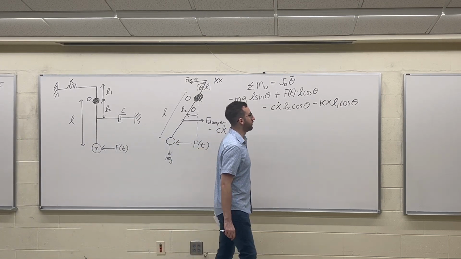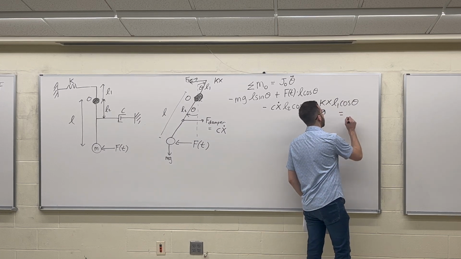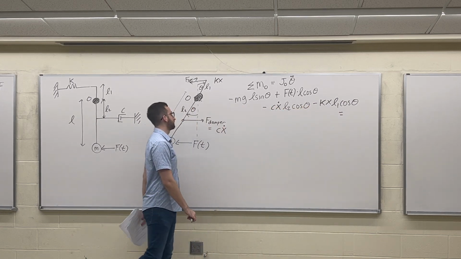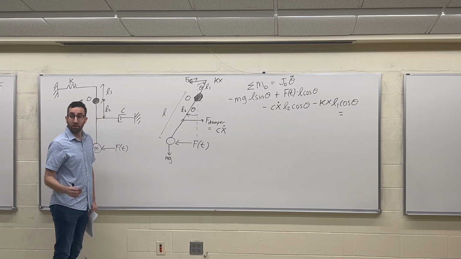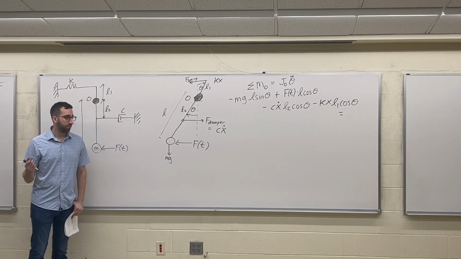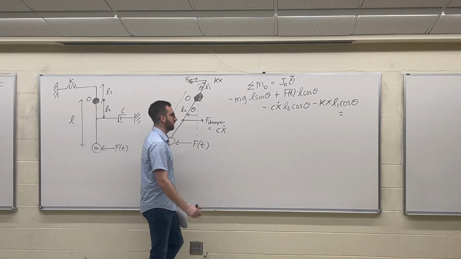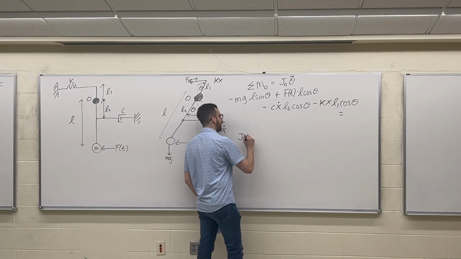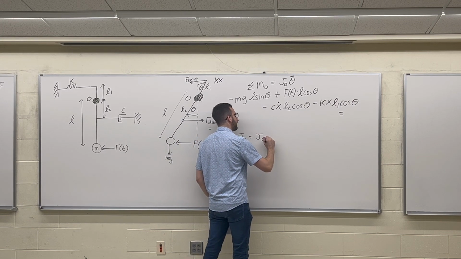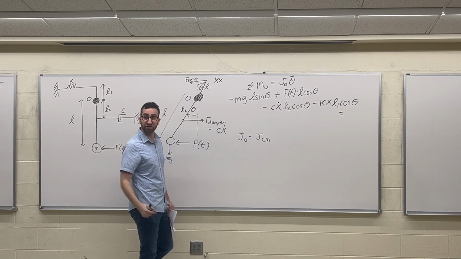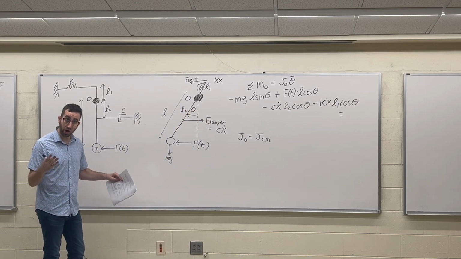So this will be equal to J naught. J naught, by definition, is the mass moment of inertia about the center of mass of the problem.